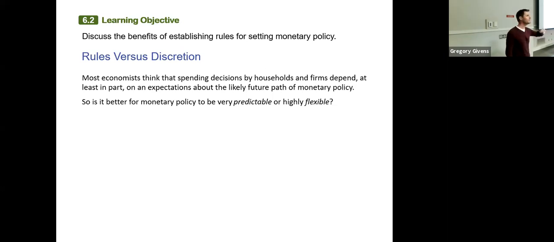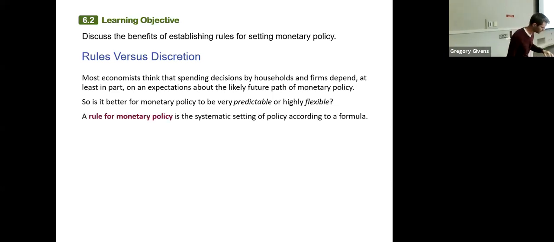All right, let me spend a few minutes talking about the actual differences between what we mean by rules versus discretion. A really important subject in the study of monetary policy. A rule for monetary policy is literally a systematic setting of policy according to a formula, okay?